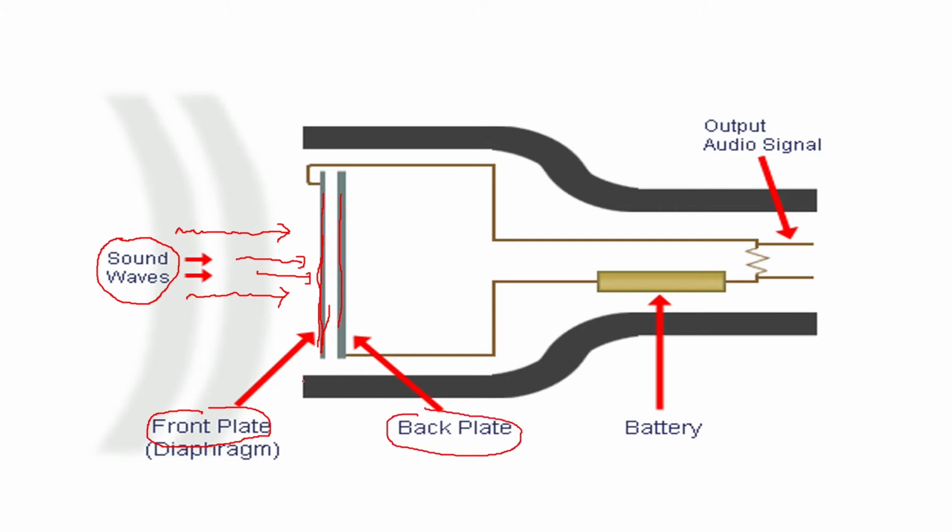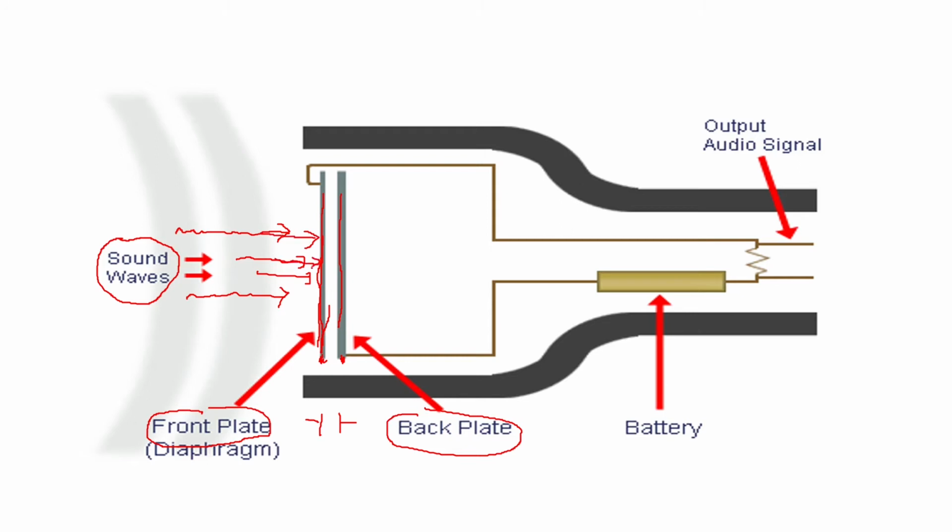So this is a parallel plate capacitor, with one plate here and another plate here. The first plate is light in material and movable, and it will move or vibrate according to the striking of sound waves.